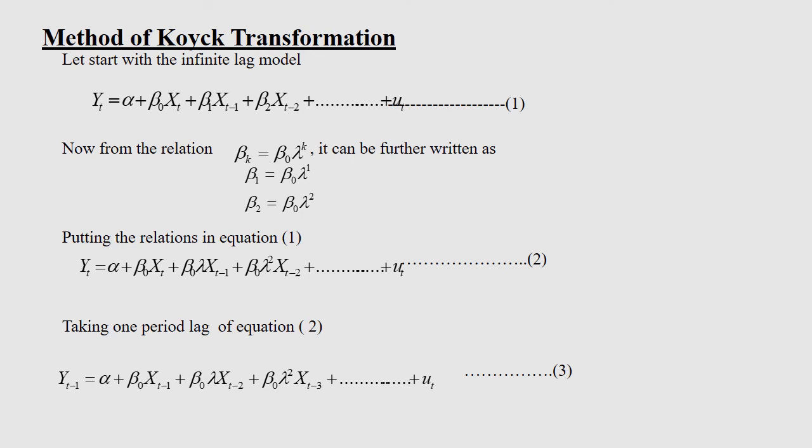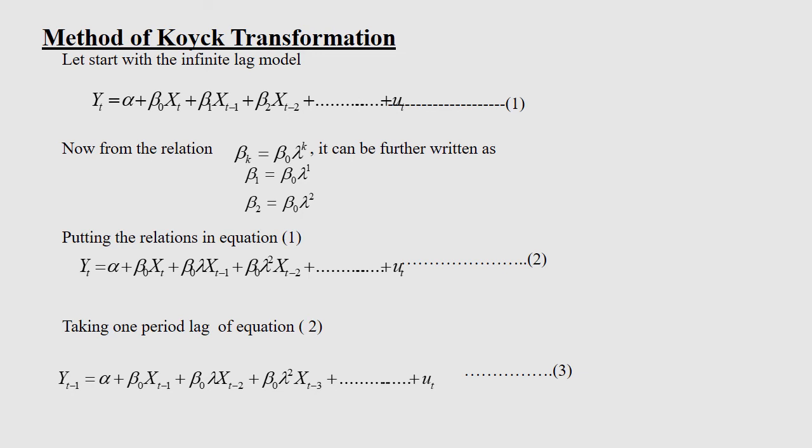So putting these relations in equation 1, we can get equation 2 as written here: yt equal to alpha plus beta naught xt plus beta naught lambda xt minus 1 plus beta naught lambda square xt minus 2 plus dot dot dot plus ut.